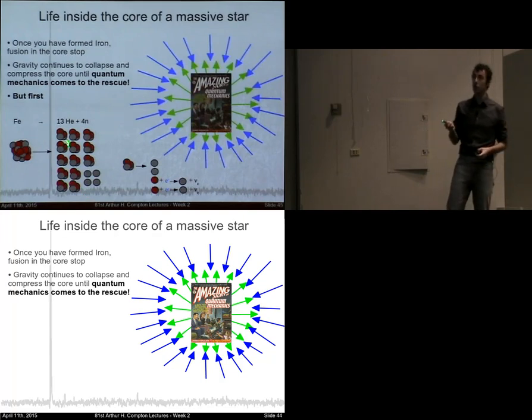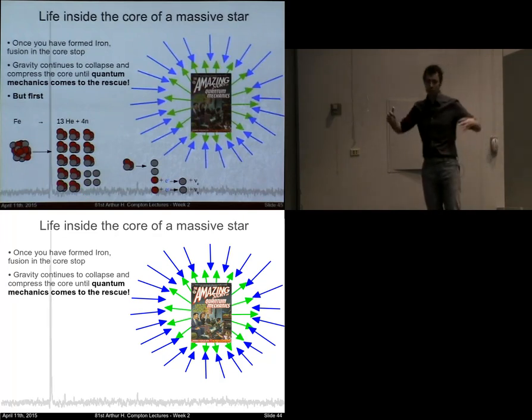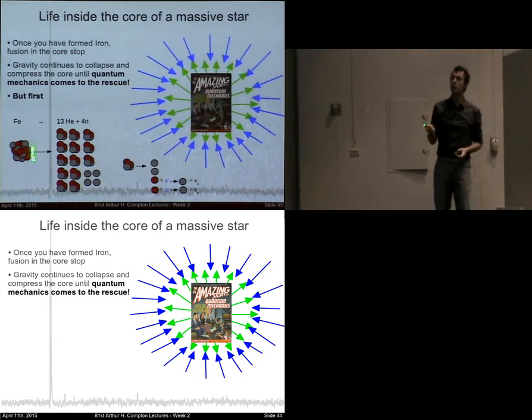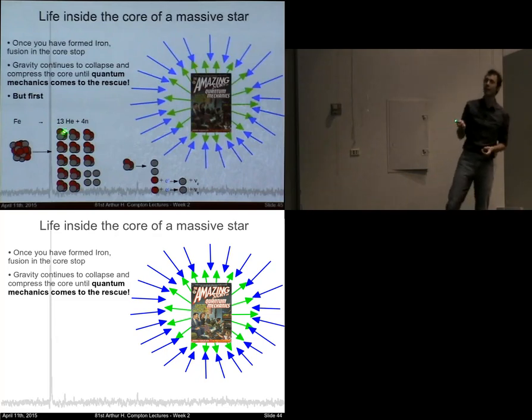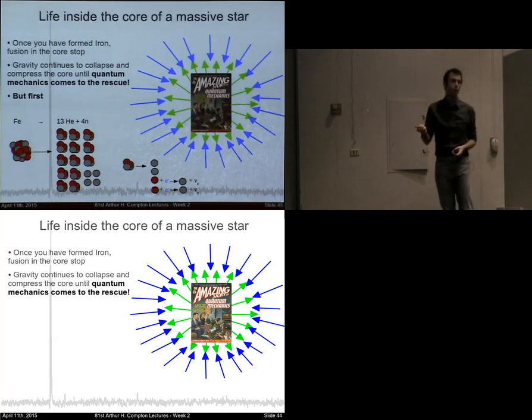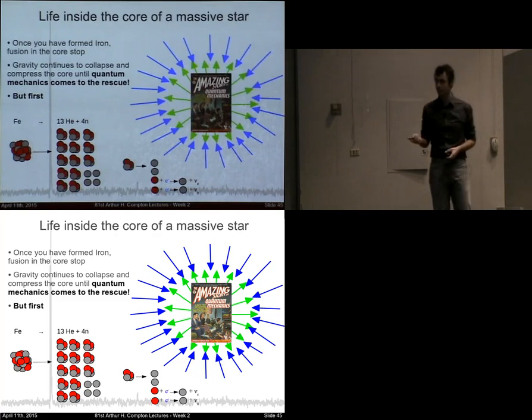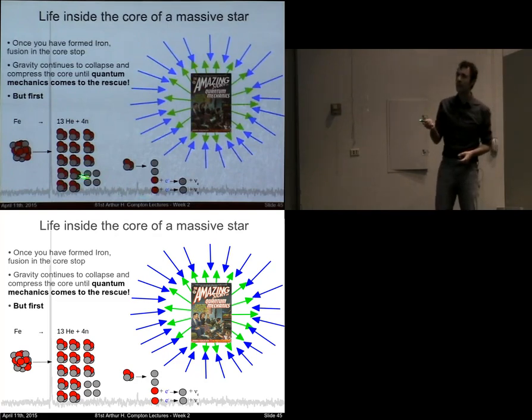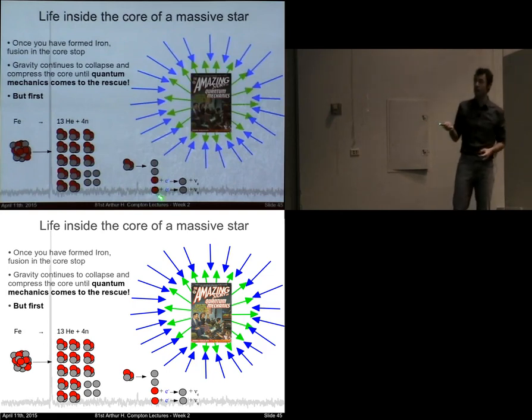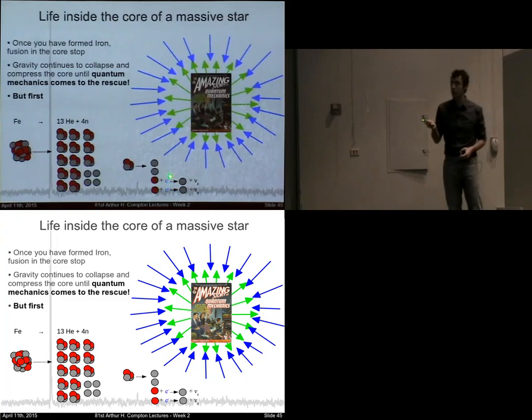The temperature is so great, the energy from the collapse is so great, that it smacks the iron nucleus apart, and you end up with 13 helium nuclei and 4 spare neutrons. Very, very quickly, the pressure gets so great that the electrons in the neighborhood of the core get pushed onto the protons.